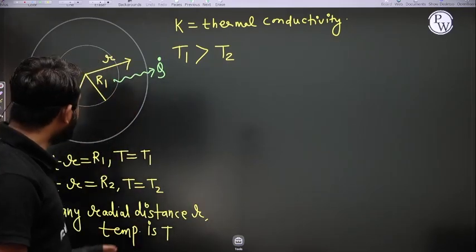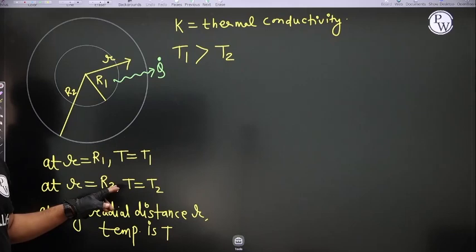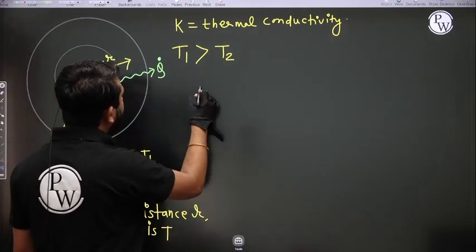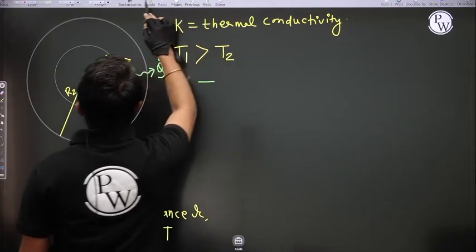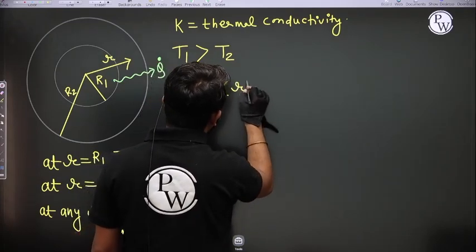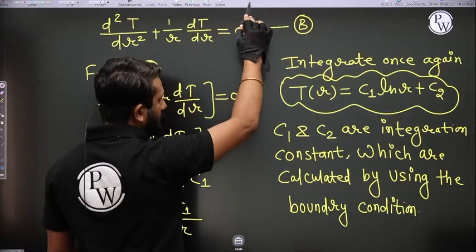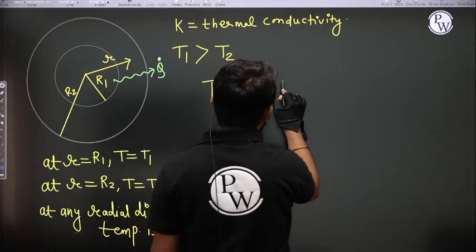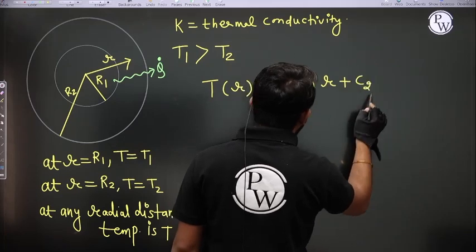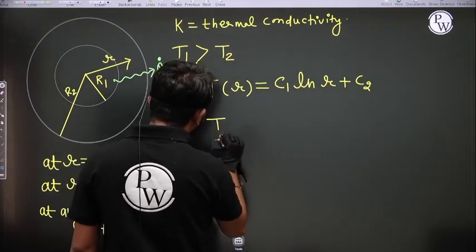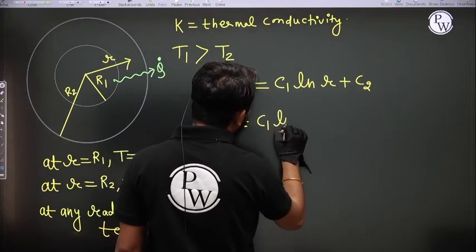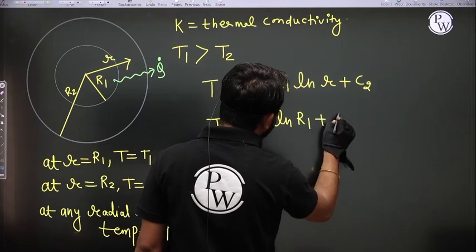So what are the boundary conditions here? At R equal to R1, T is equal to T1, and at R equal to R2, T is equal to T2. So T of R is equal to C1 ln R plus C2. From the first boundary condition, T1 is equal to C1 ln R1 plus C2.